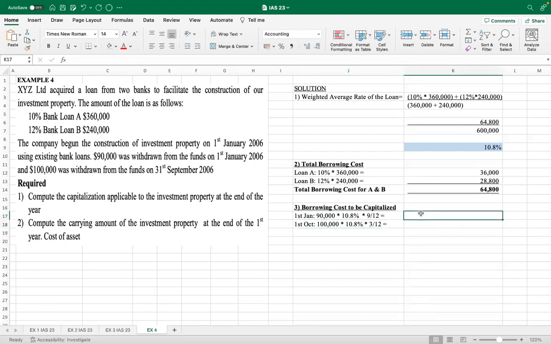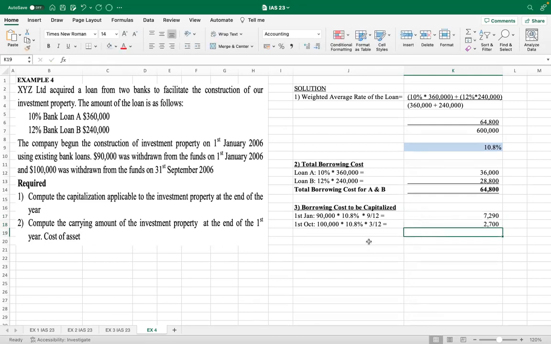So what is the total borrowing cost? It is 90,000, the amount that was used, times 10.8% times 9 divided by 12. And for the second one, it is 100,000 times 10.8% times 3/12.